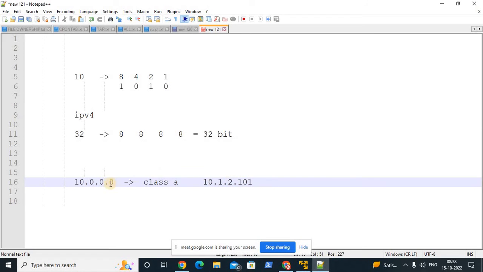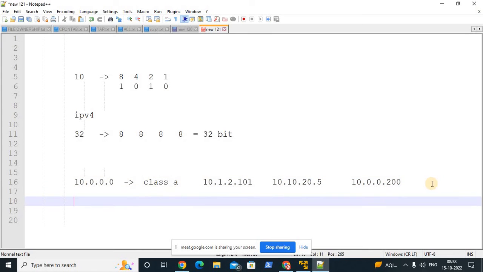Yes, the last three octets I can change. 10.10.20.5: can I change that? Yes, changing the last 3 is acceptable because these are the host IDs. 10.0.0.200 will also work. Yes, it is valid. So this is about class A according to the definition.